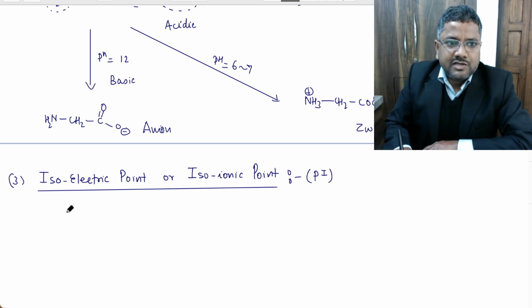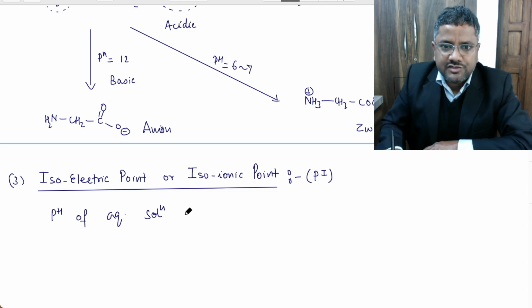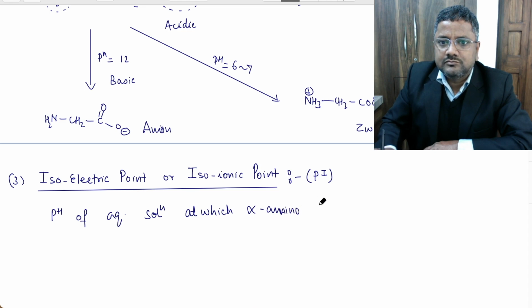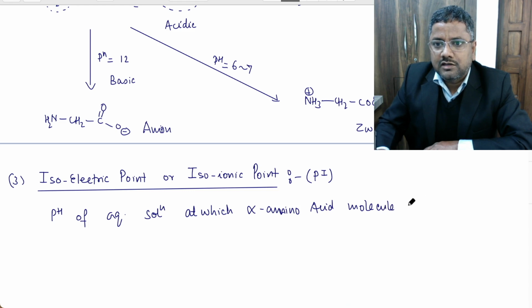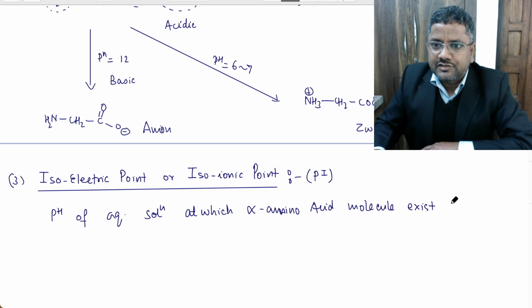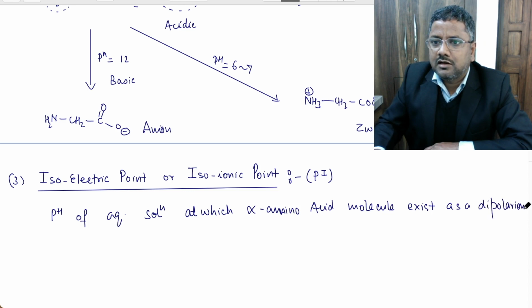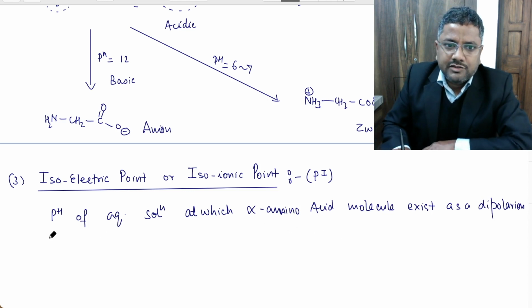It is defined as the pH of an aqueous solution at which the alpha amino acid molecule exists as a dipolar ion, right?